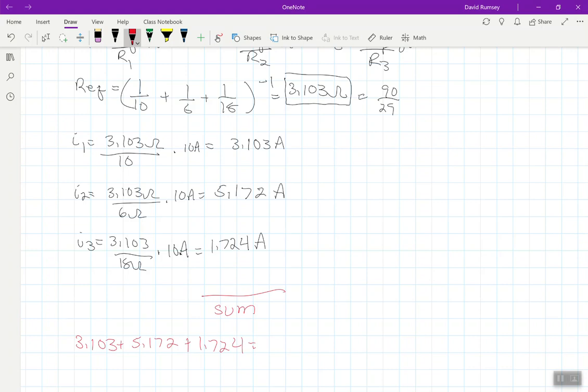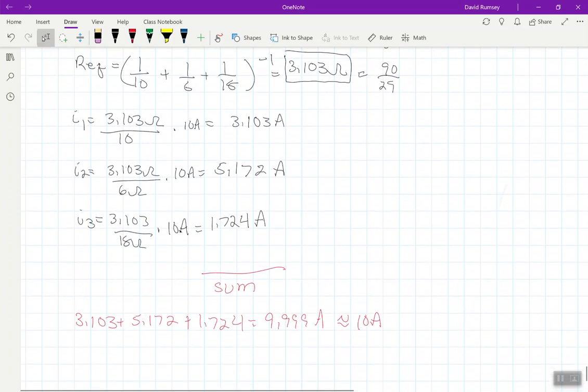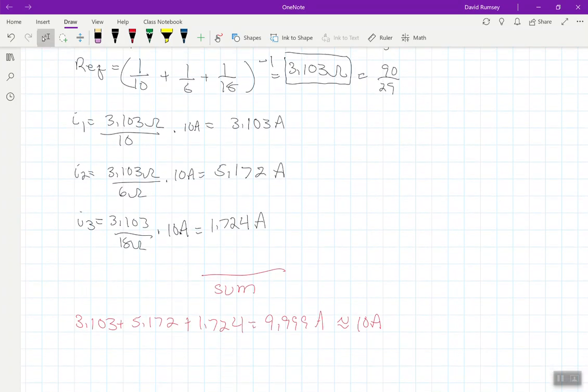And if we add all of those up here, we wind up with 9.999 amps, which of course is just 10 amps. Now, technically it should add up to exactly 10 amps, but we're adding up to 9.999. Hopefully we can all see why this would be the case.